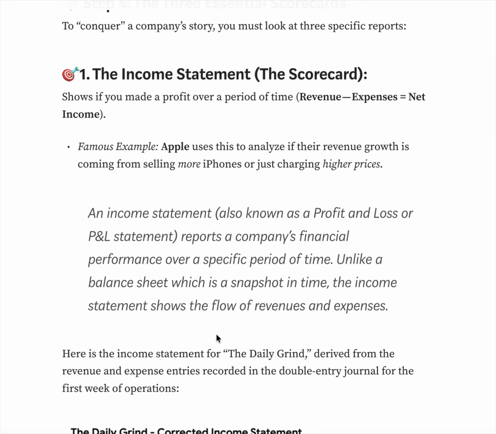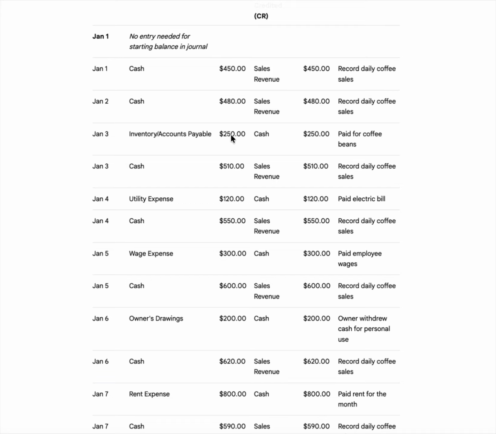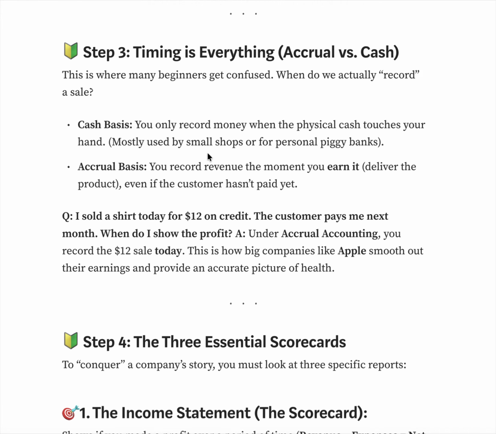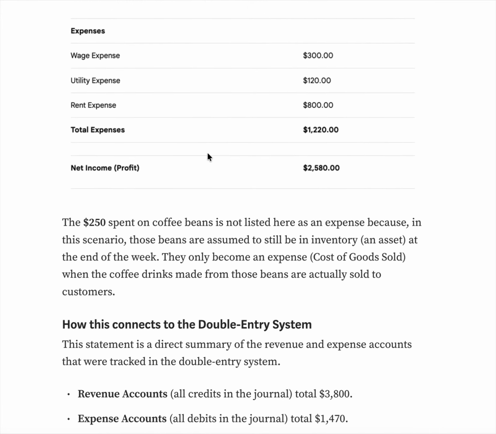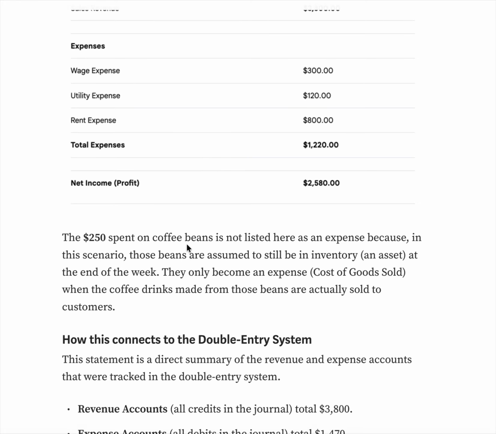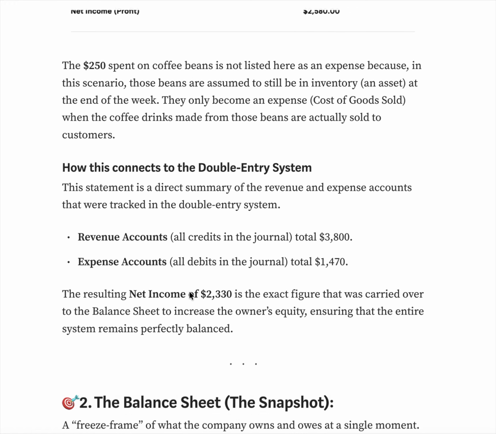As you can check, we did not add the inventory of 250, because the 250 spent on coffee beans is not listed here, as those beans are assumed to be still in inventory as an asset.